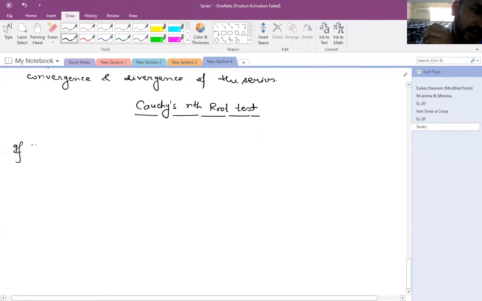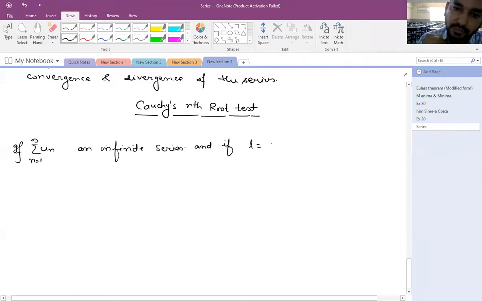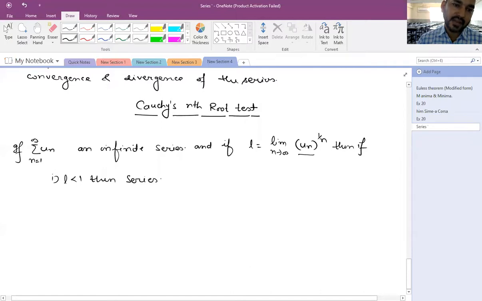That if sigma un, n is 1 to infinite, is an infinite series, and if L is limit n tending to infinite un का nth root, nth term का nth root when n is tending to infinite, then if L is less than 1, then series is convergent.